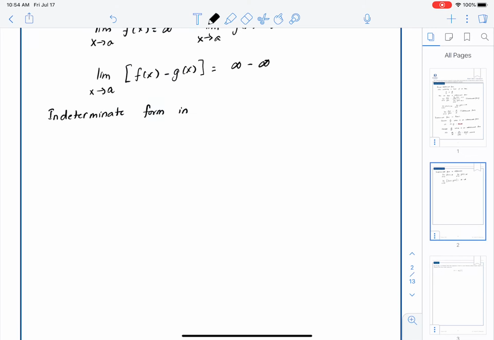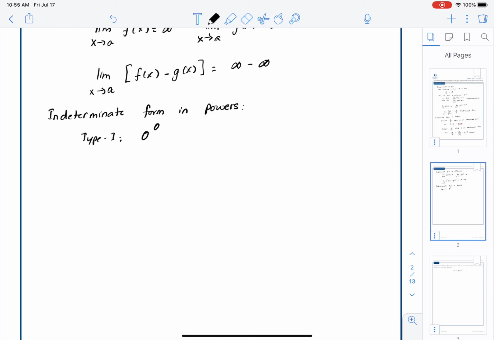Then we have indeterminate form in powers. So type 1 here is 0 raised to the power 0. We know any number raised to the power of 0 is 1. It doesn't apply when we do limits.